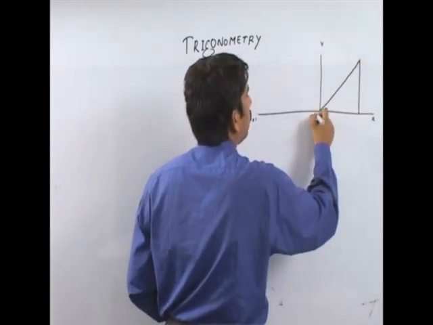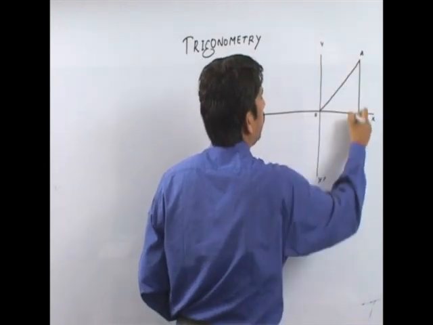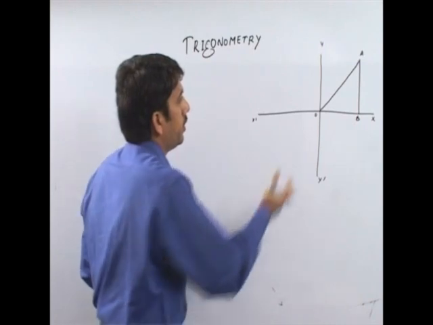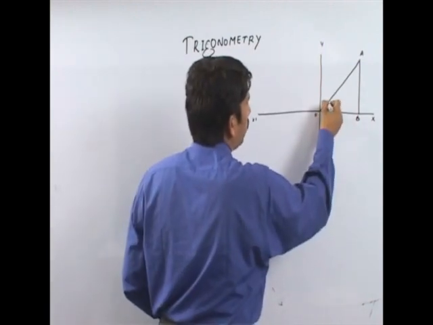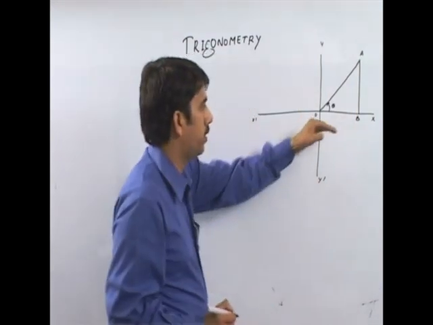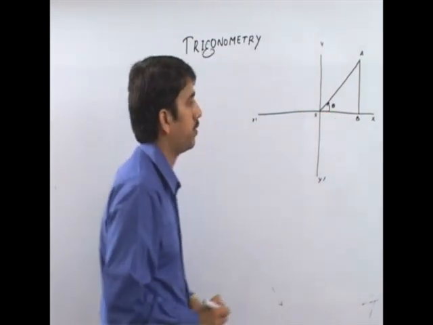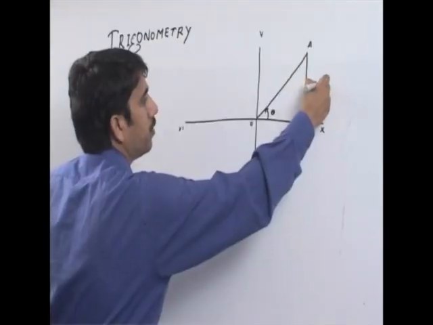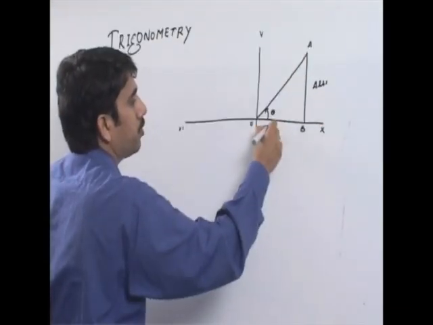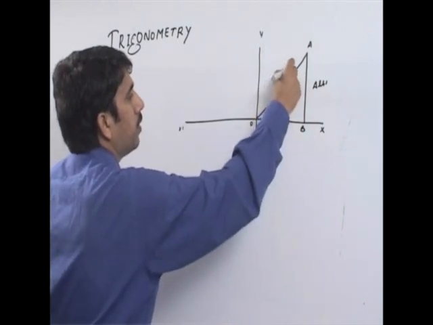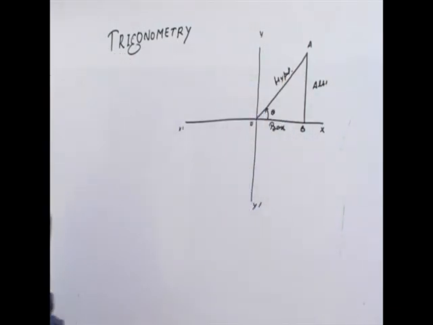And this is a triangle O, A, B. Suppose this line makes an angle of theta with x-axis, positive x-axis. Now this will be altitude, and this will be base, and this is hypotenuse.